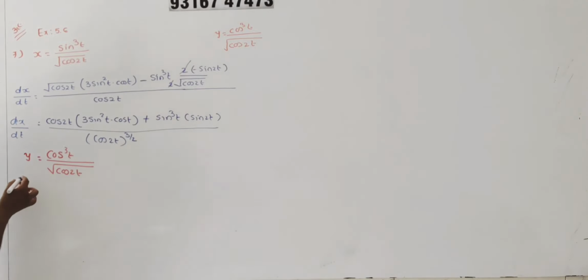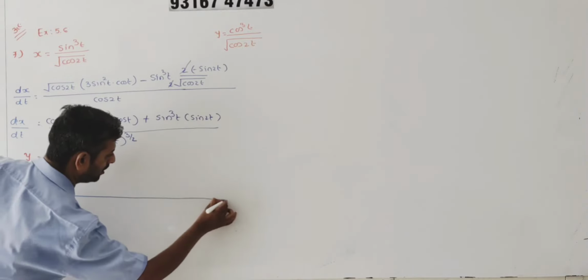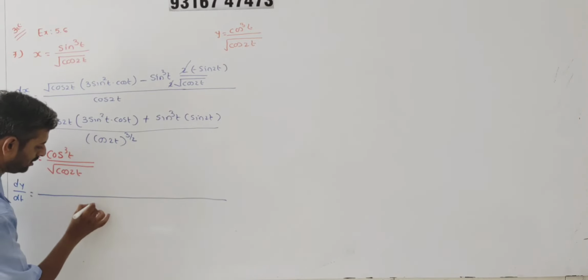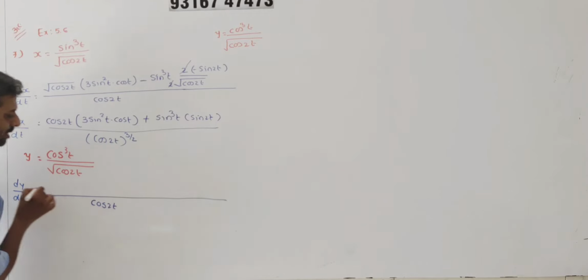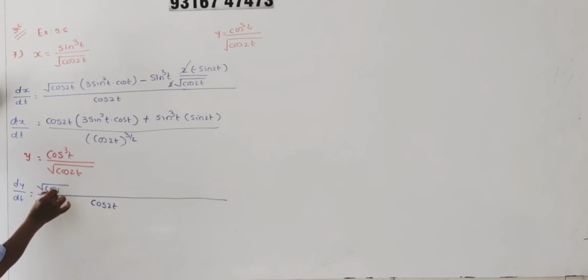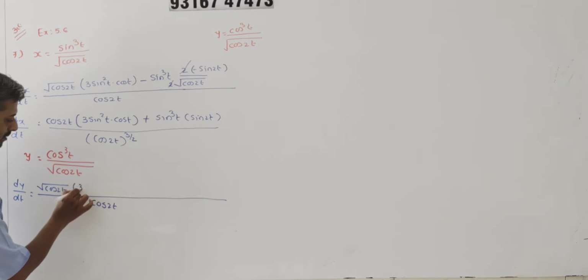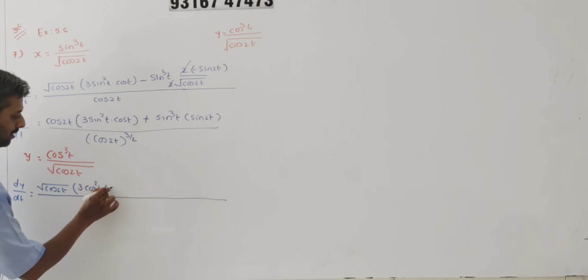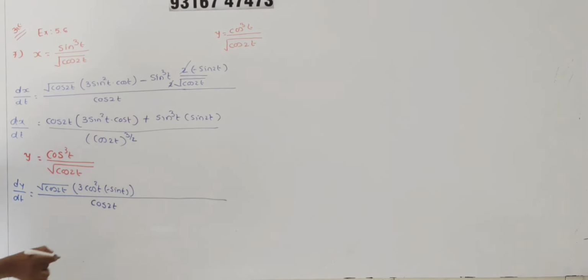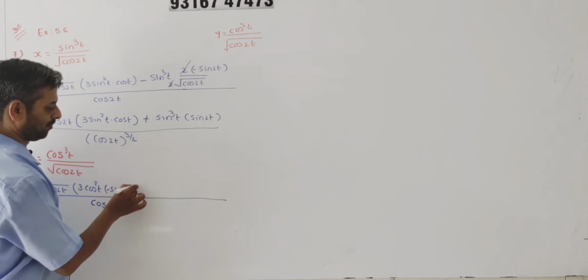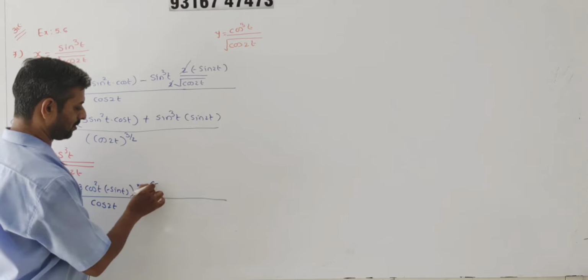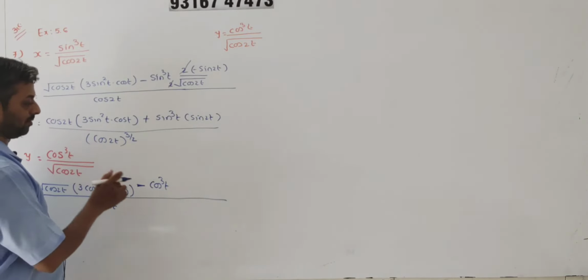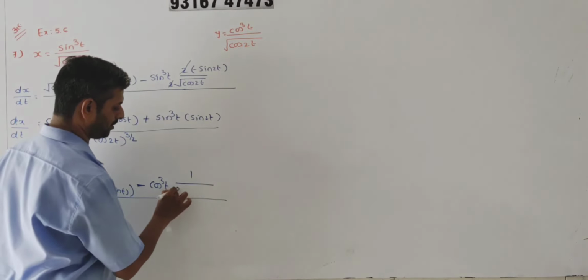Now dy by dt is equal to, again it is like this, denominator square. So cos 2t under root, cos 2t squared is cos 2t. Cos 2t is as it is, times 3 cos square t, and cos t derivation is minus sin t, minus cos cube t as it is, root cos 2t is equal to 1 upon 2 root cos 2t.